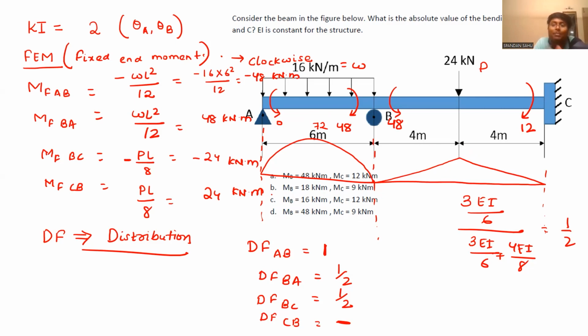Consider each span as a simply supported beam, due to loading only, and first draw the bending moment diagram, just like you do for a single span beam containing some loading which is statically determinate. Now tell me this value. It will be PL by 4. 24 into 8 by 4, so 48.